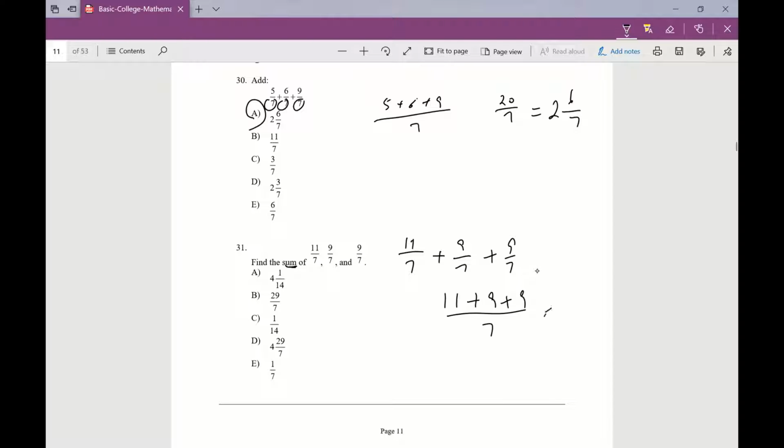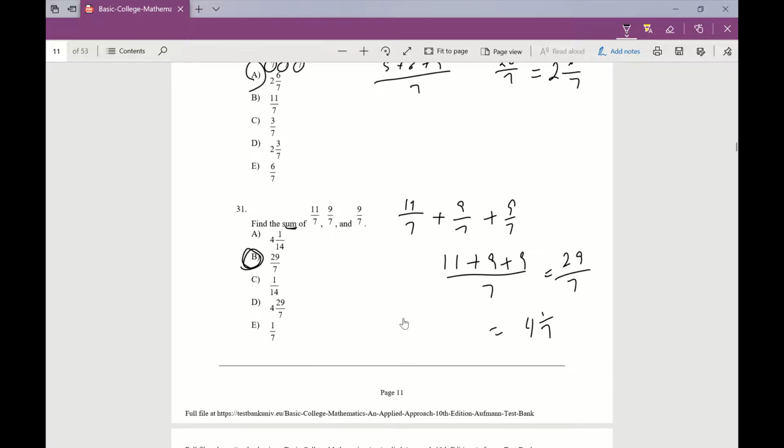So that will be 29 over 7. That will give me 4 and 1 over 7. Oh, sorry. The final answer is in the improper form, so 29 over 7 will be the final answer.